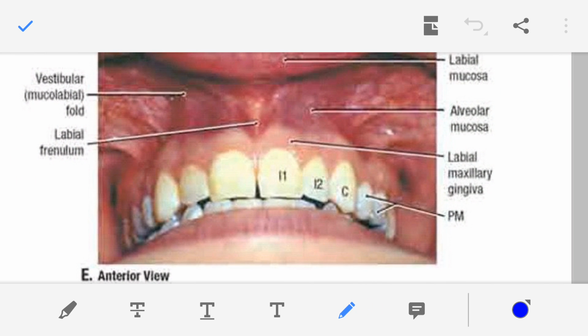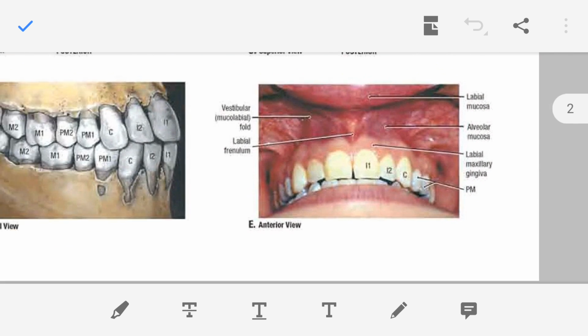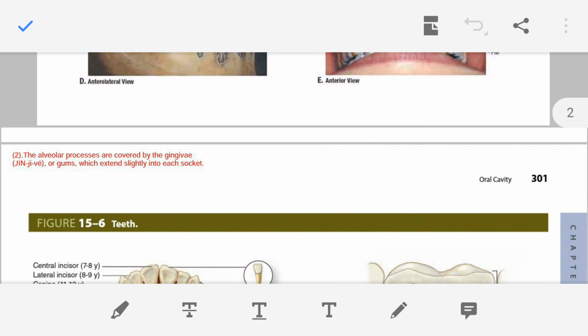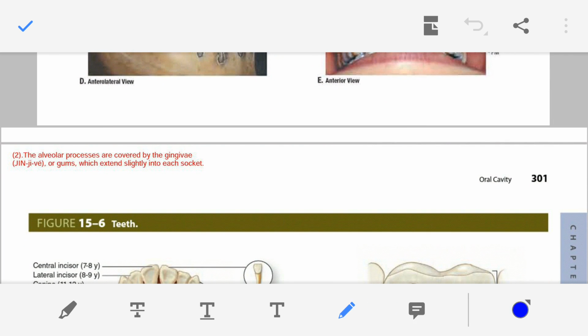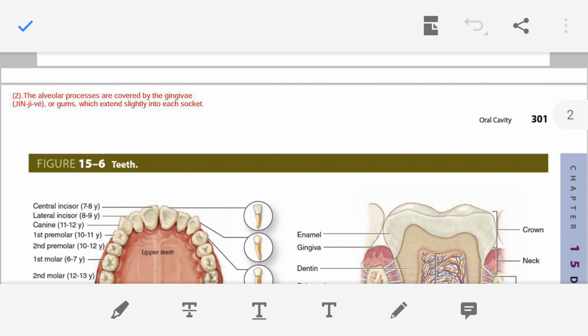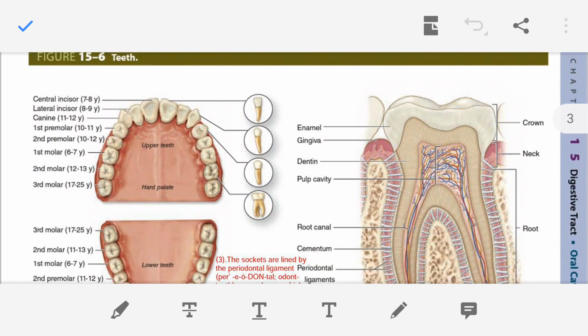And over here, as you can see, the name written is alveolar mucosa. Just beneath the alveolar mucosa, the alveolar bone is present. So this is regarding the second point, that the alveolar process is covered by gum, and this gum extends slightly into the socket.